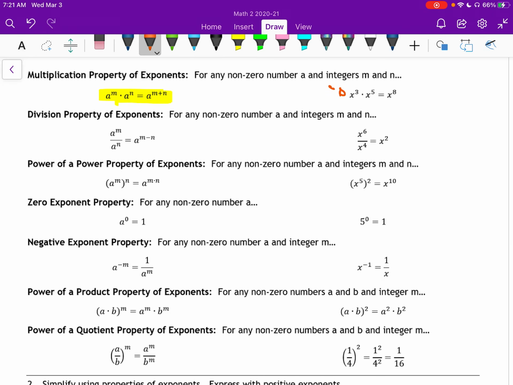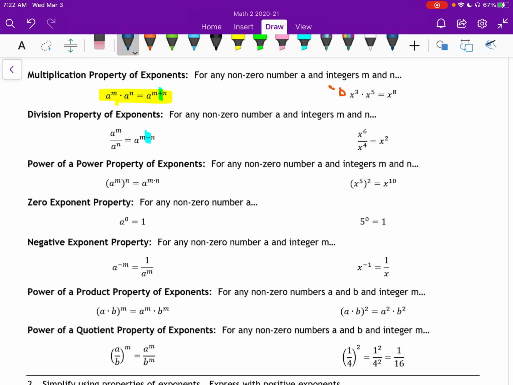Division property. You can cancel things from top and bottom. A to the m over a to the n is a to the m minus n. You subtract them, right? On the top spot here, we added, now we're subtracting.